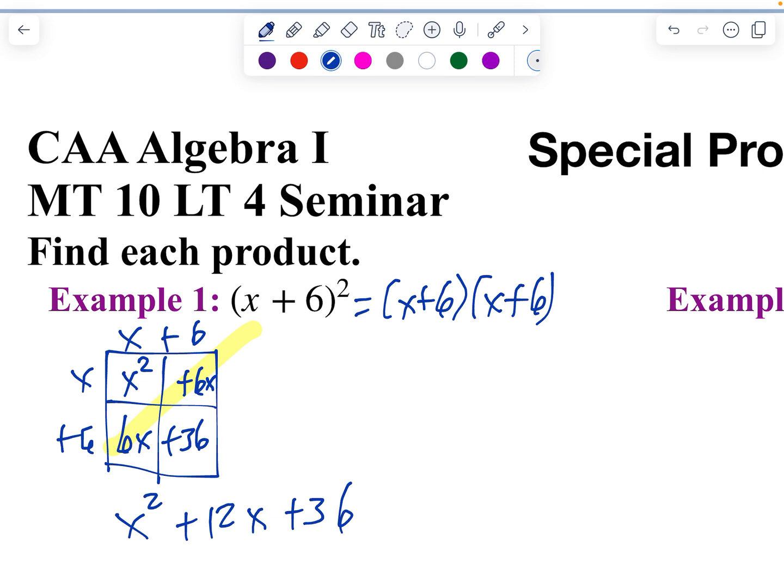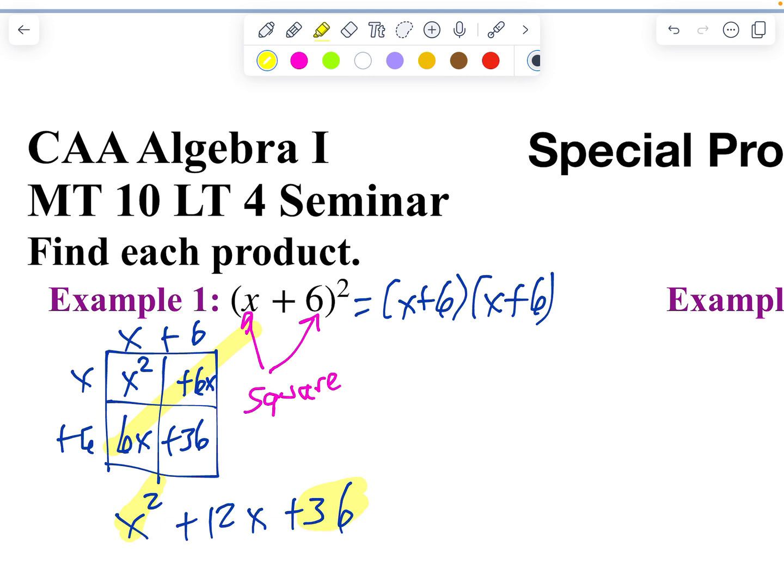There is a pattern here. If I have a binomial and I square it, what I'm going to do is square my first and last terms. So that part I said about distributing is kind of right, because when you square x, you get x squared. When we square 6, you get 36, but there's a middle term.